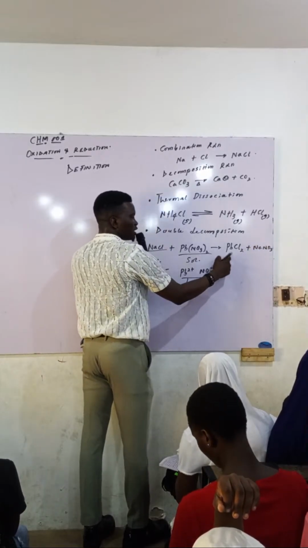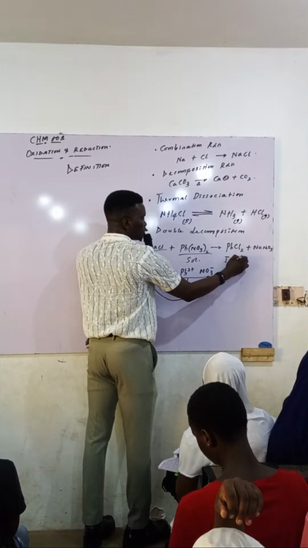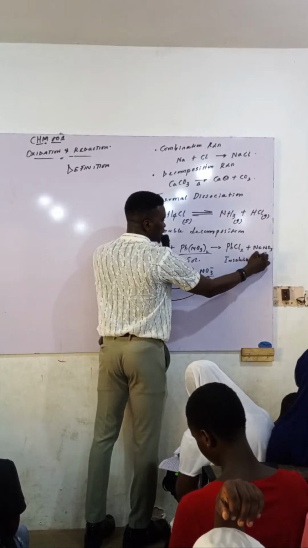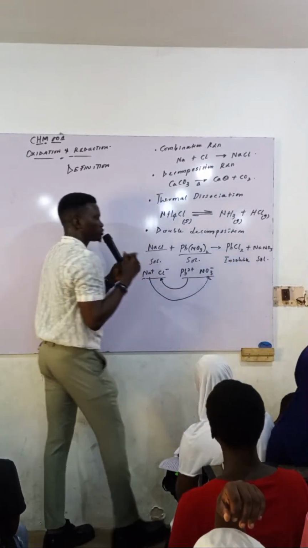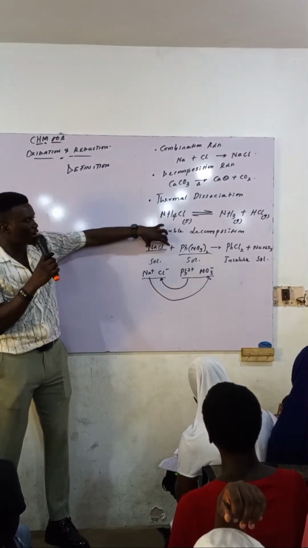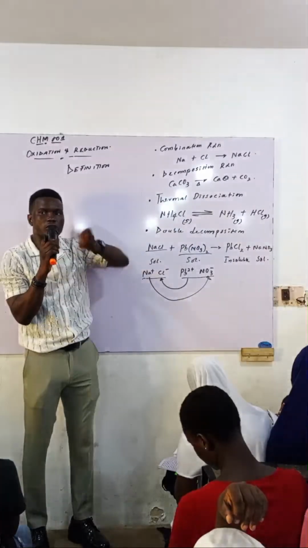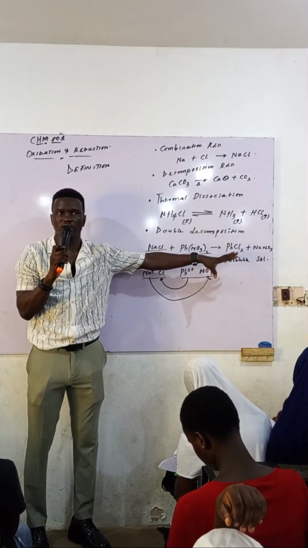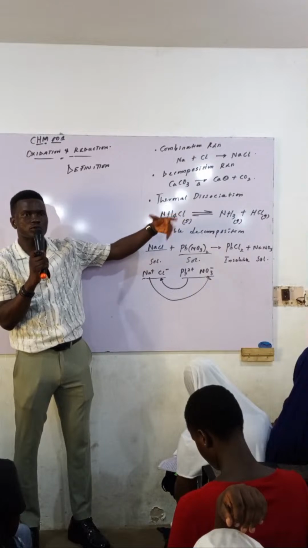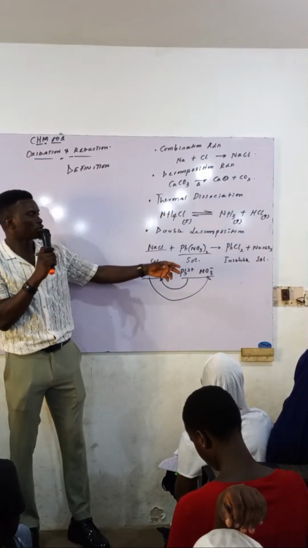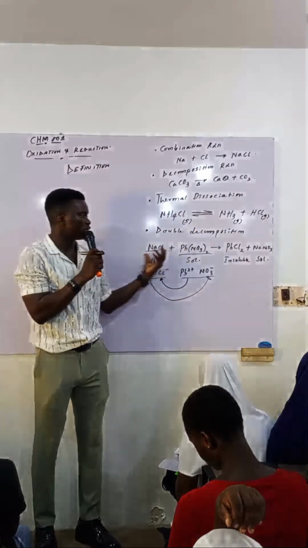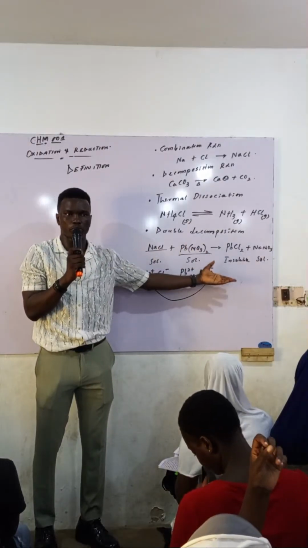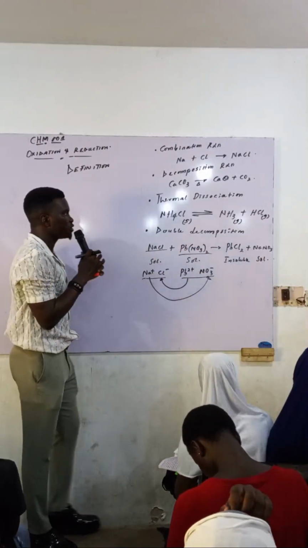So this PbCl2 will be insoluble, while this NaNO3 will be soluble. So when you have two compounds simultaneously decompose and exchange their ions, that's not what we want to do today. But I'm telling you some things you needed to know before we move on. So now this is called double decomposition. So they will exchange their ions.